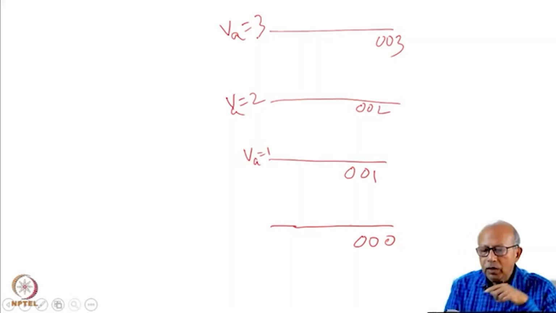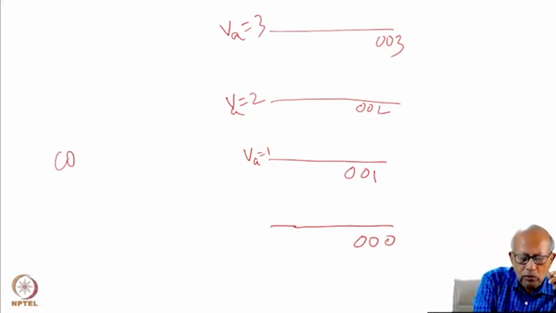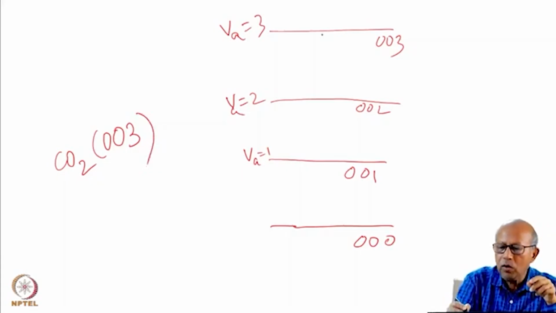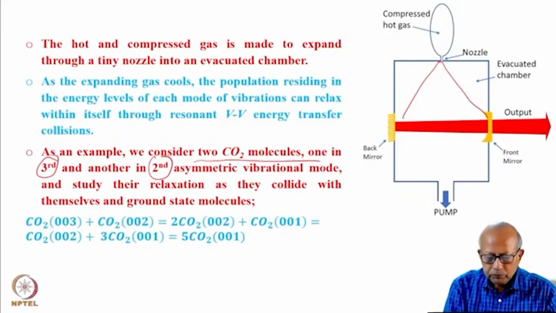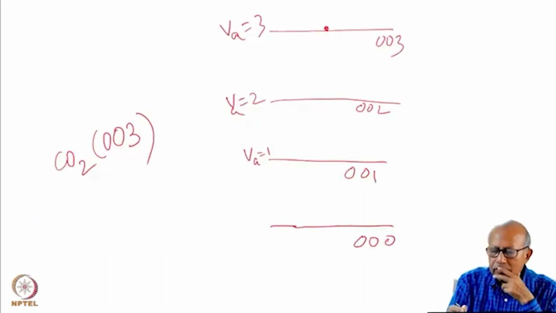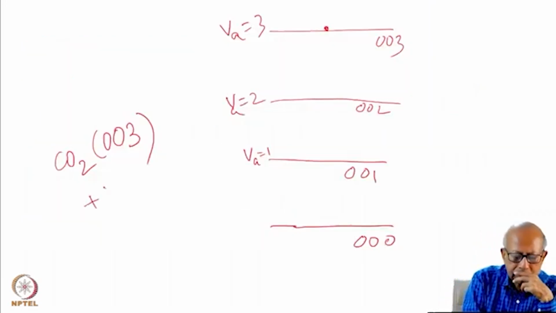Let us assume that we have one molecule in the 0 0 3 state, and one molecule in the 0 0 2 state. So plus CO2 0 0 2.